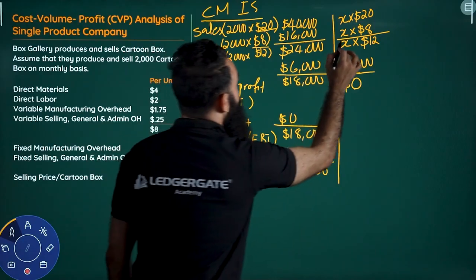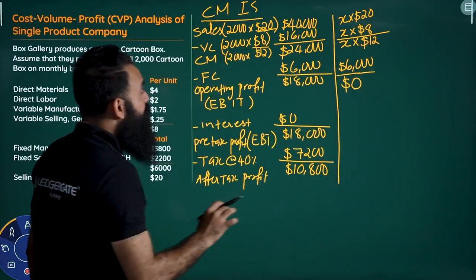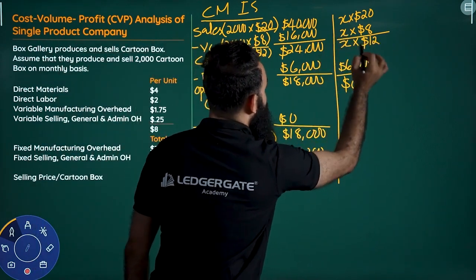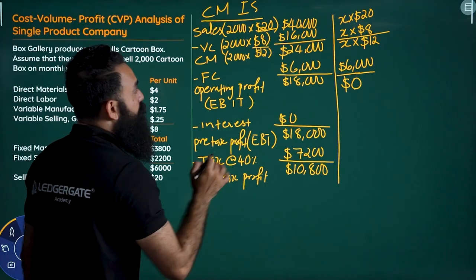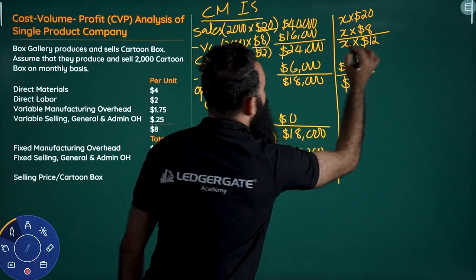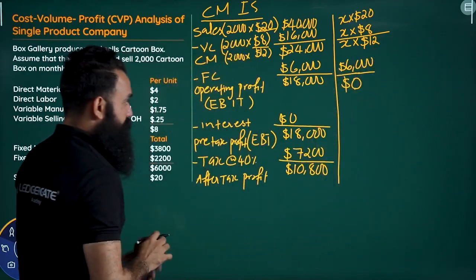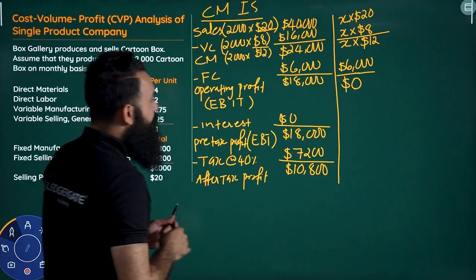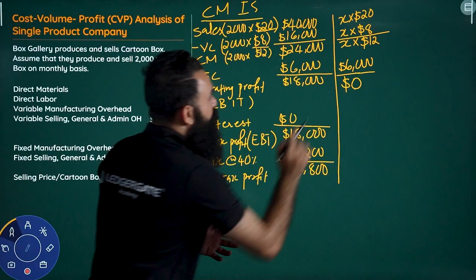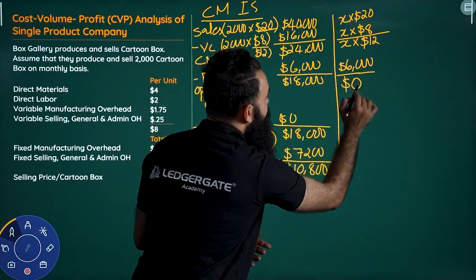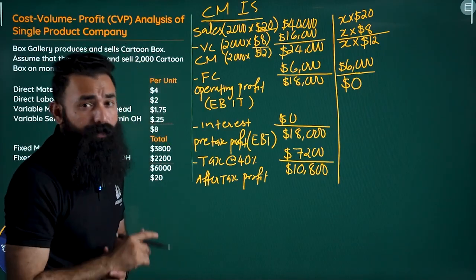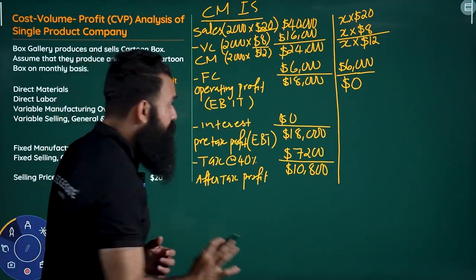From that we deduct X into 8, the variable cost, and we arrive at the contribution margin. So X into 12 is our contribution margin. From this contribution margin, we deduct $6,000 of fixed cost, which never changes anywhere, and we arrive at profit. We can call it operating profit or pre-tax profit. Both are the same here.